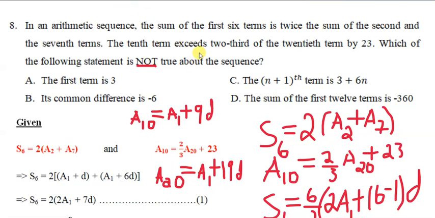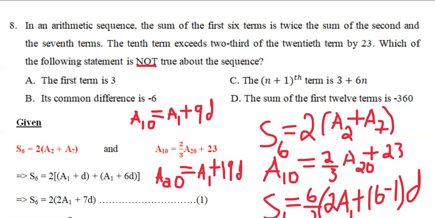And let us see how to find the n plus 1st term. Let us check whether the n plus 1st term is equal to 3 plus 6n. It is obvious already, since our common difference is minus 6, this must be 3 minus 6n, if it is true.